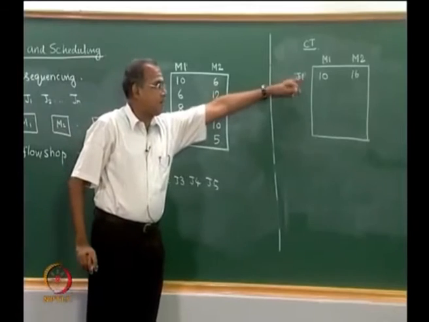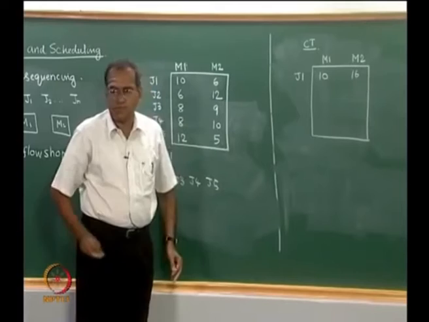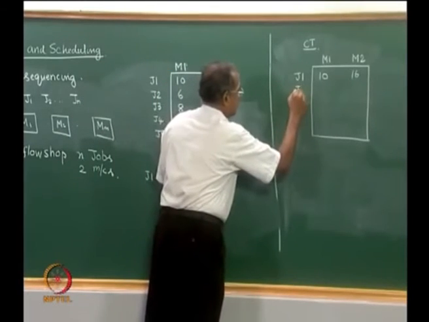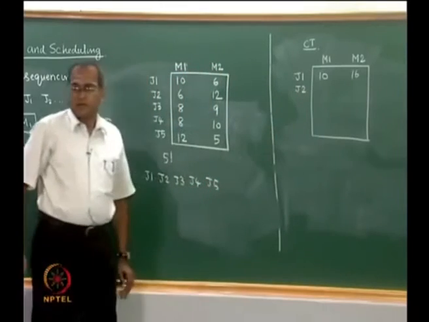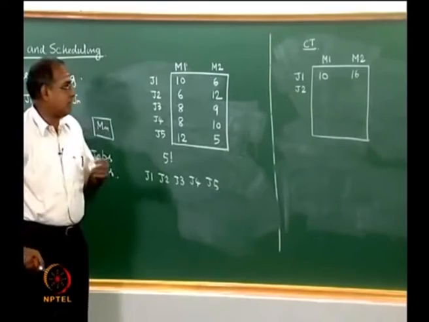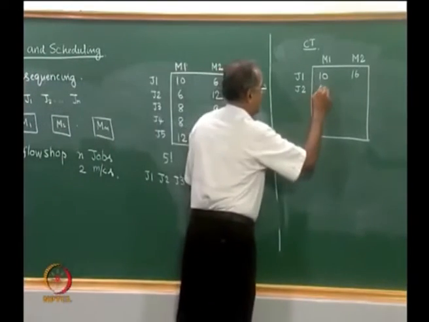Now, at 10 M1 is free and therefore, the next job goes to M1. So, right now we are evaluating it for a sequence, J2 comes in next. Machine M1 is available at time equal to 10. Therefore, J2 starts at time equal to 10 and finishes at time equal to 16.